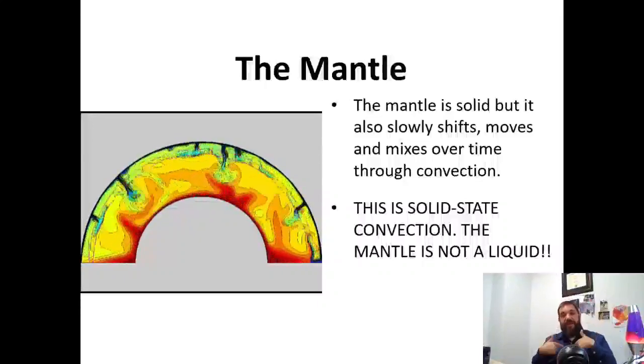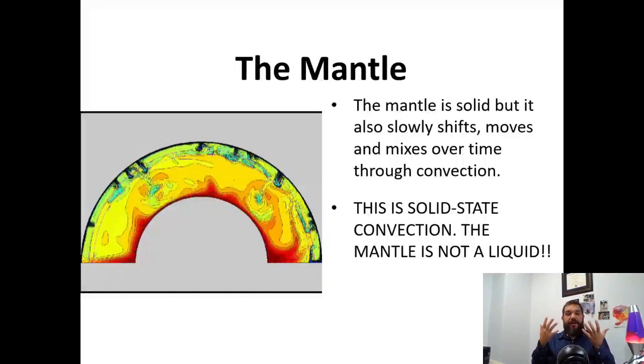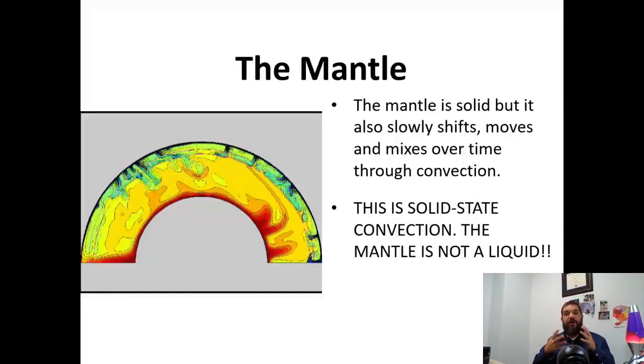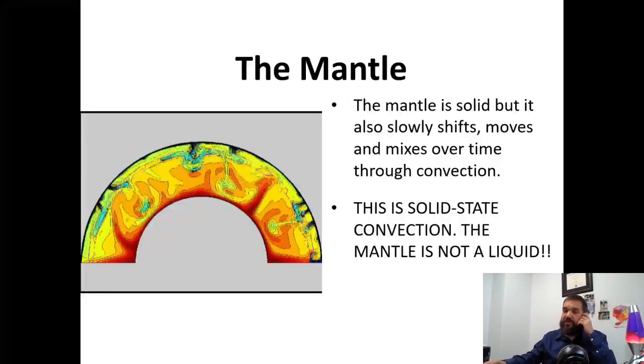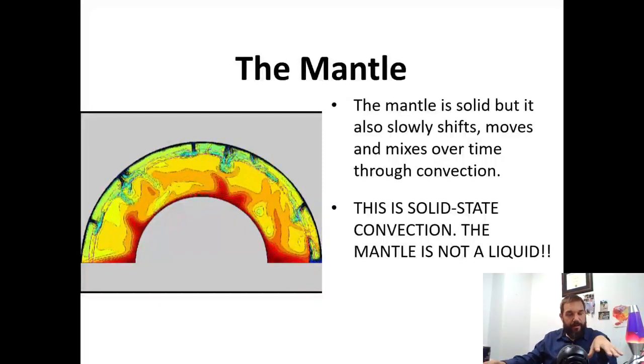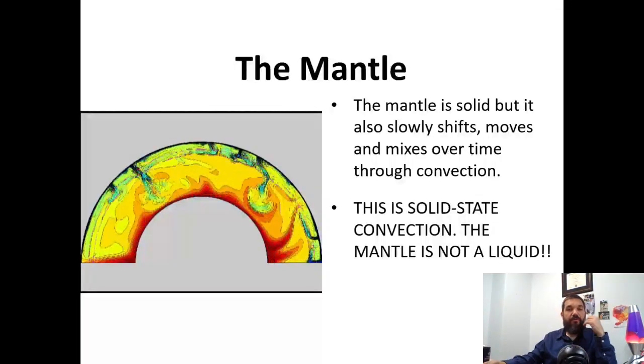That creates convective cycles, and that's what powers the convection of the mantle. That's what powers plate tectonics, when we talk about that a little bit later. So this is solid state convection. The mantle is not a liquid, but it can exhibit liquid-like behavior over time.